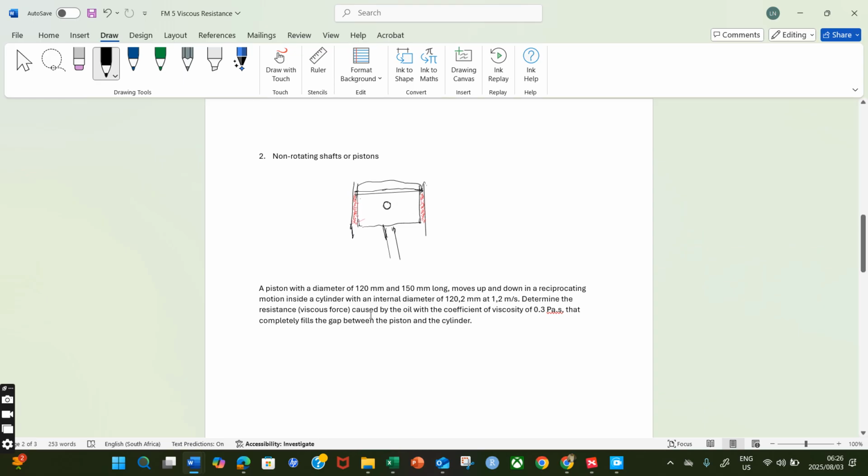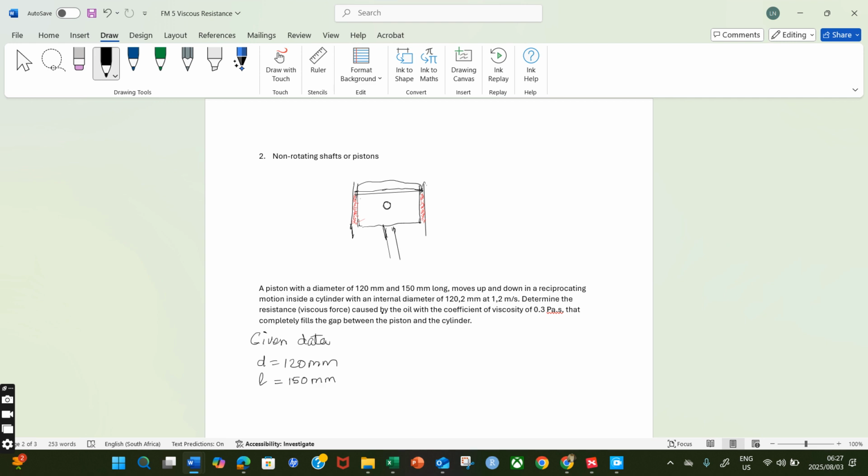first thing, you write down the given data. So, all right, the given data is the piston diameter, D, is 120 millimeters, and the length of the piston is 150 millimeters.